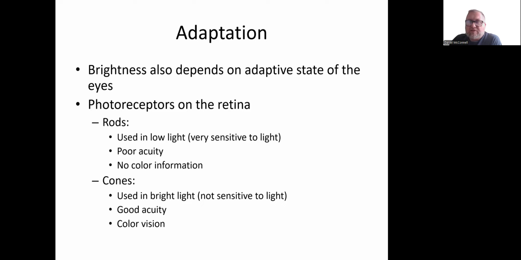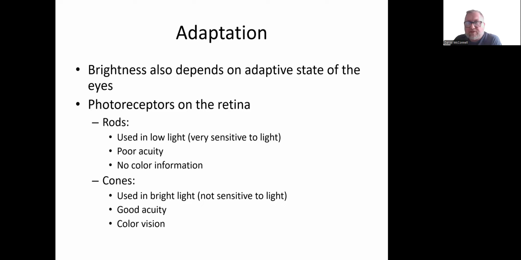But even in that situation, it's not as if such individuals have a visual system that's always operating in the exact same way. And so something else we need to know about visual systems is that they vary in their performance over time as a function of what we're going to call the adaptive state of the neurons inside of the eye, right?